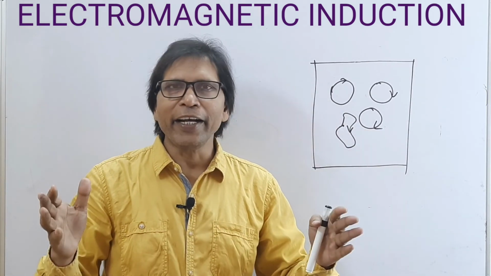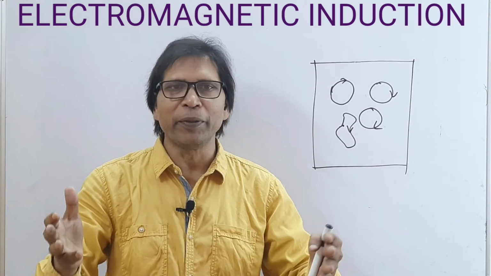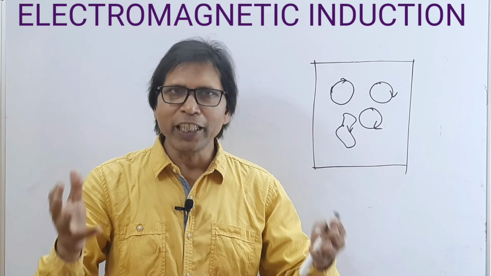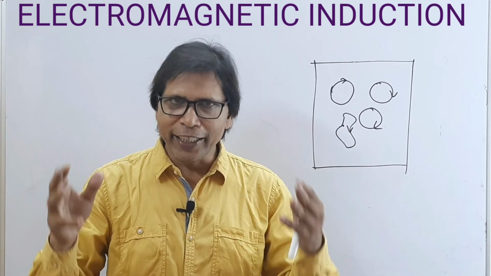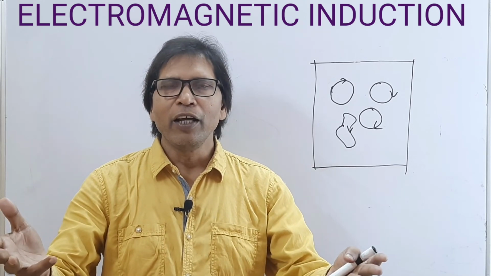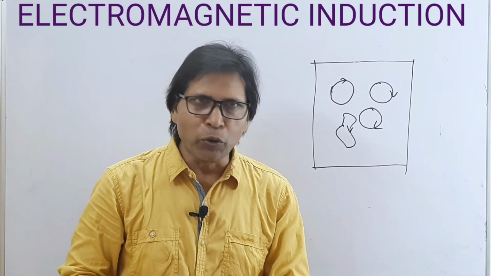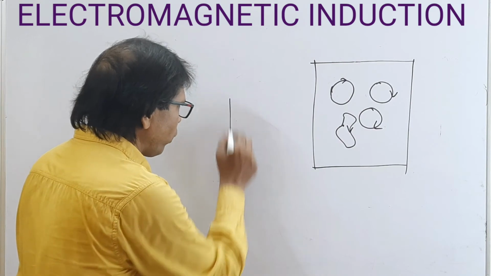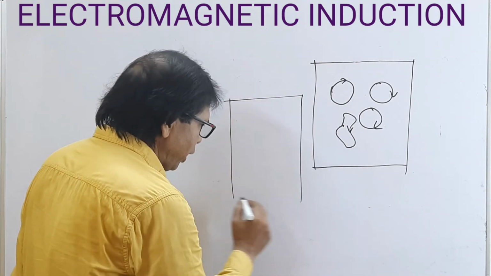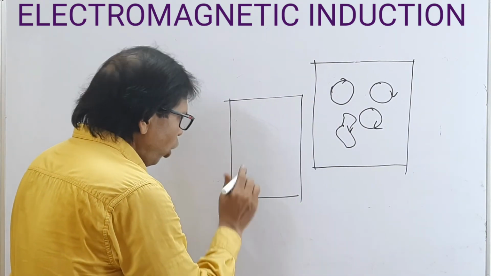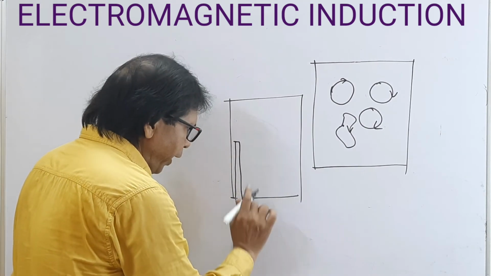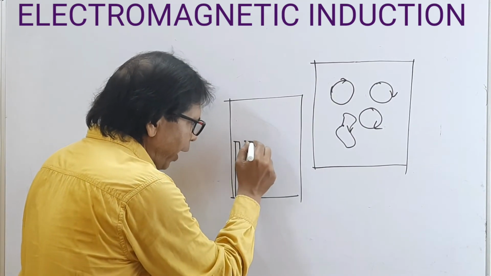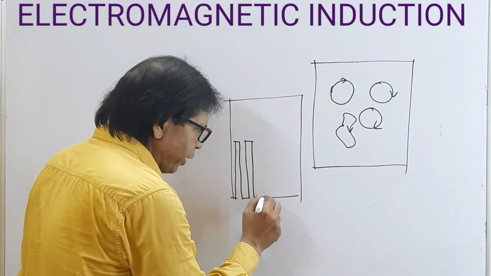This eddy current produces a heating effect. This heating effect dissipates some electrical energy, so it is undesirable. So eddy current can be reduced by cutting slots. Look at this, this is the metallic plate. If slots are cut in this metallic plate, the path of eddy current reduces and eddy current decreases.